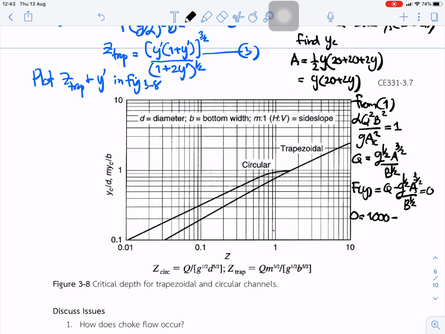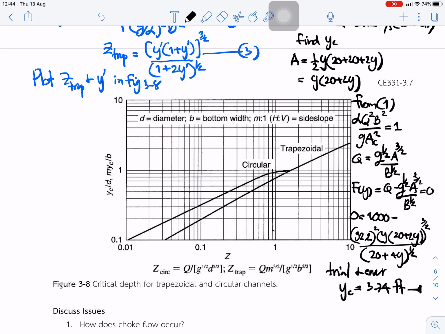So in this case, this equals 0, with Q equal to 1000, and g is 32.2, to the power 2. The area is y times (20 plus 2y) to the power 3/2, and the top width is 20 plus 4y to the power 1/2. In this case, again, we have to use trial and error to get what is the yc.